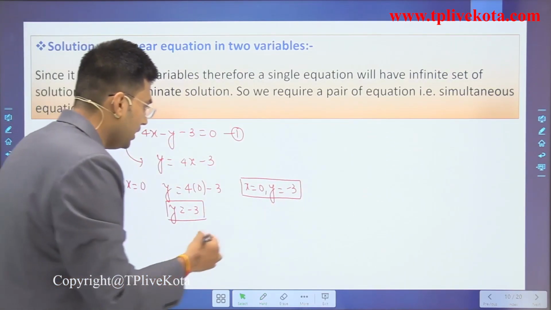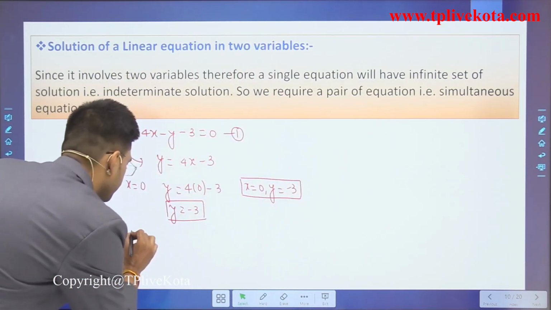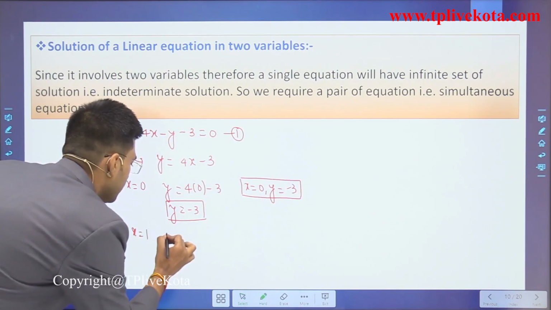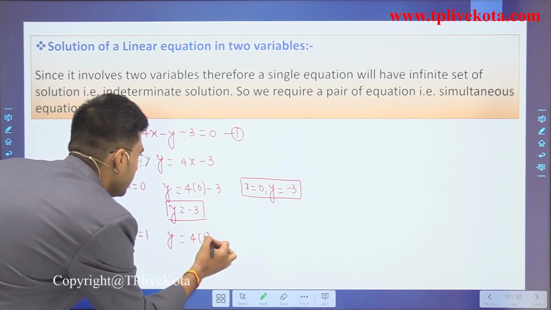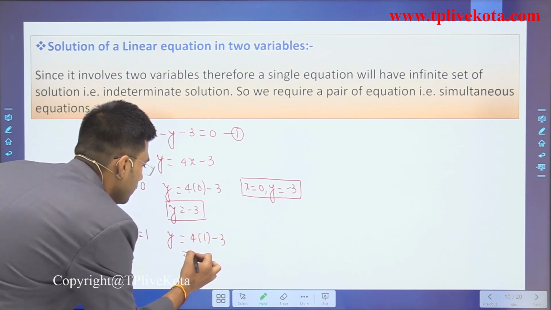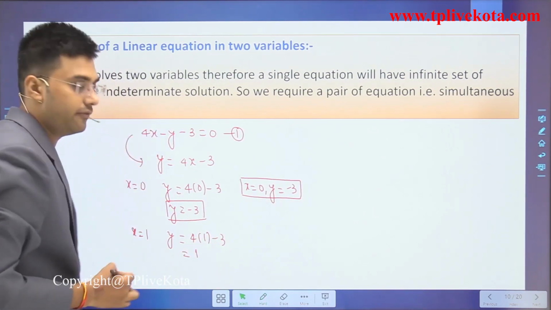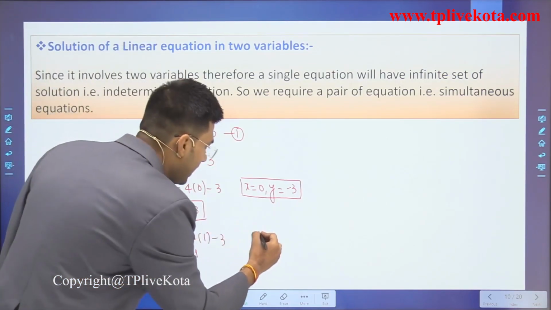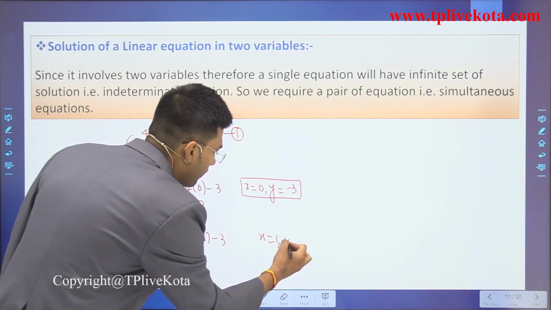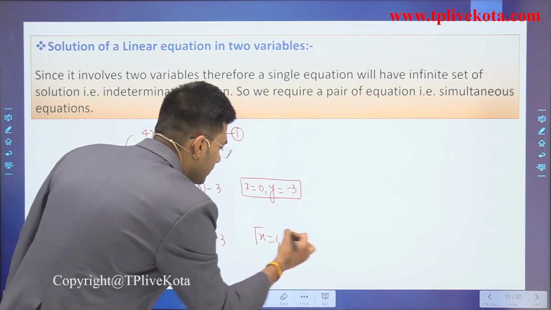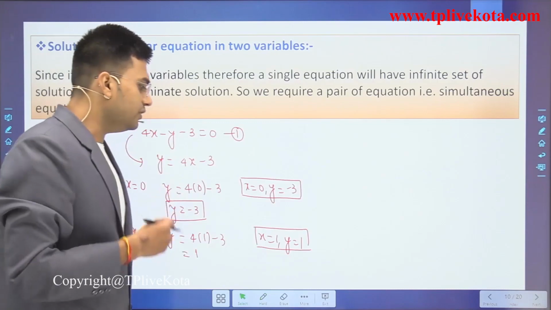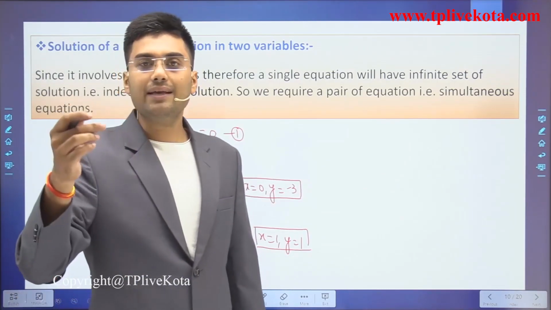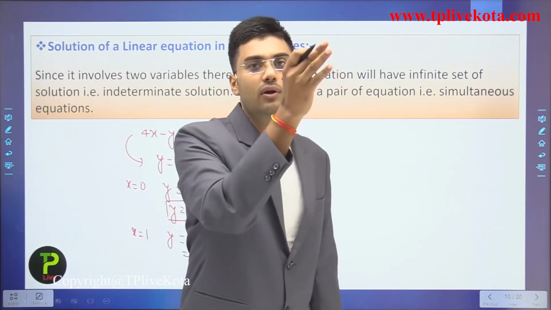Now if we put x equal to 1, then y is equal to 4 multiplied by 1 minus 3, that is 4 minus 3, which is equal to 1. So we can say that x equal to 1 and y equal to 1 is a solution of this equation. Students, for any value of x, it gives some value of y.